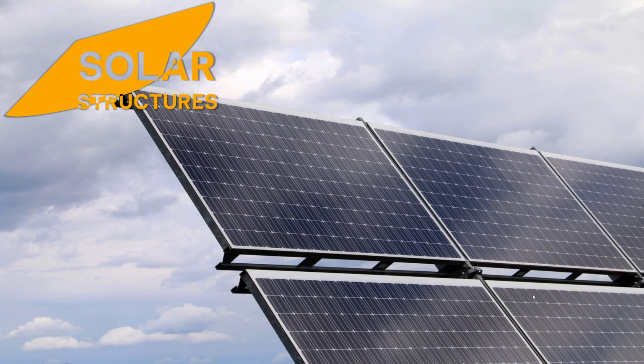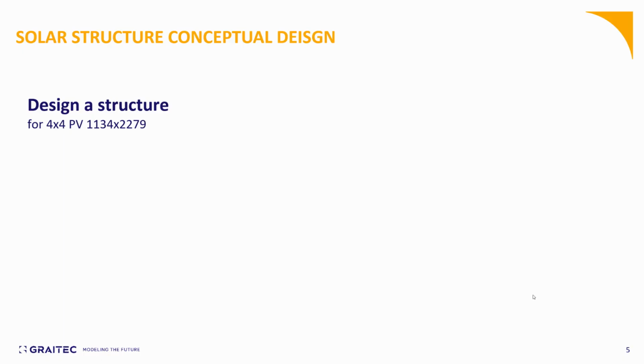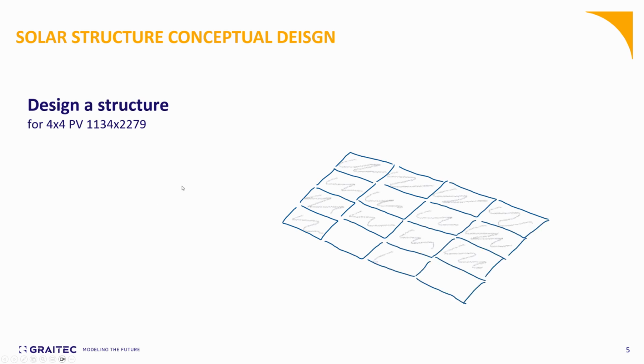To go further in this presentation, I have prepared a conceptual design. Let's assume an example of a solar panel supporting system. In this case, I'm going to be designing a structure which has 4x4 panels, and the dimensions will be, as you see here, in millimeters. If we want to see the panels, as you see here, it's a 4x4, 4 columns and rows.